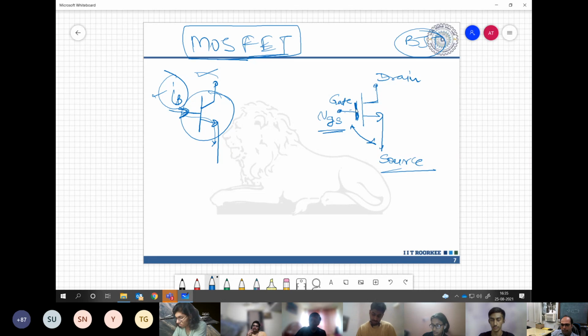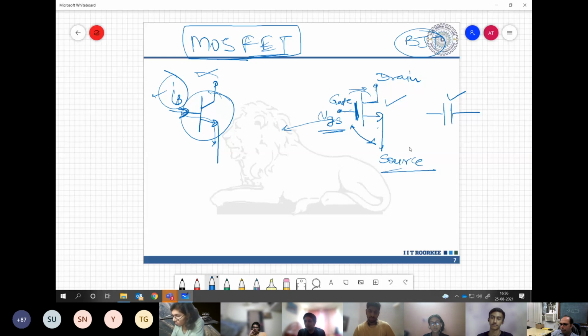So it does not need continuous current flowing into the device for keeping it on. As long as this capacitor is charged, that's why this gap is there, so a kind of capacitor is formed over here. As long as that capacitor is charged, this device will remain in the on state. And if you remove the control action, this will go into off state. Understanding my point? This is what is called the field effect transistor.